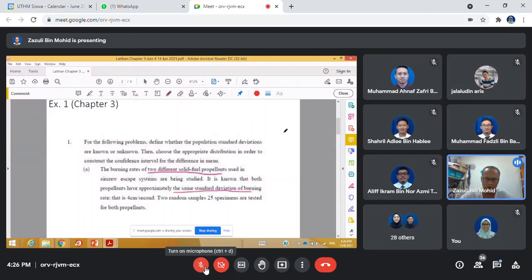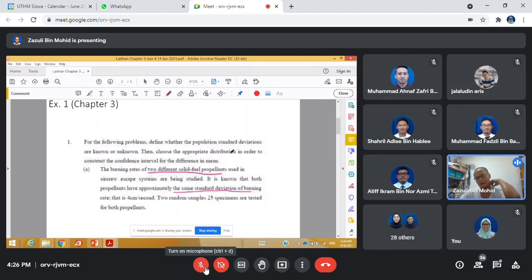Okey. Untuk kelas hari ni ada soalan ni, beberapa soalan saya akan tanya, tengok macam mana, boleh faham ke tak? For the following problems, define whether the population standard deviation are known or unknown. Then choose the appropriate distribution in order to construct the confidence interval for the difference in means.